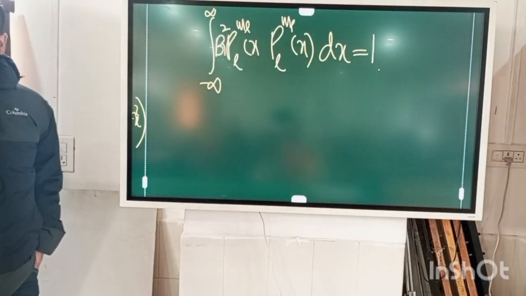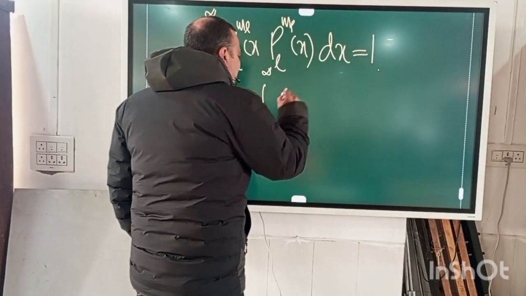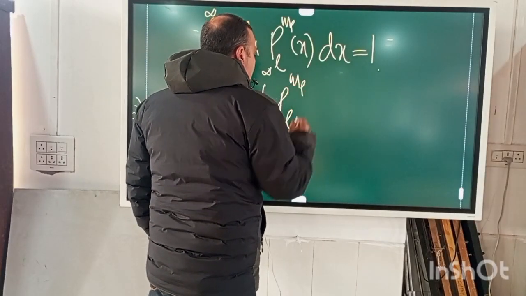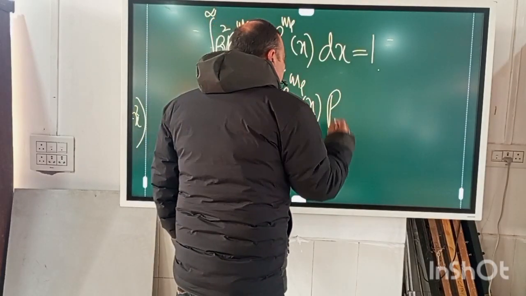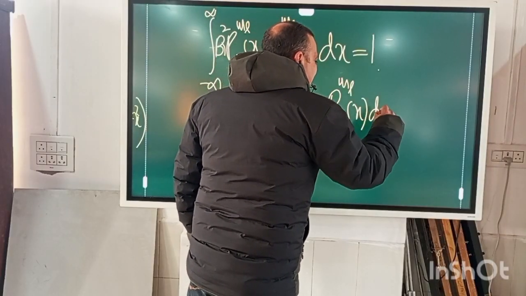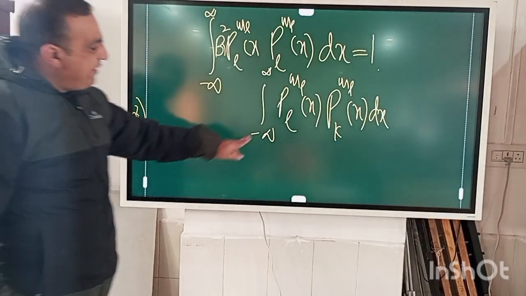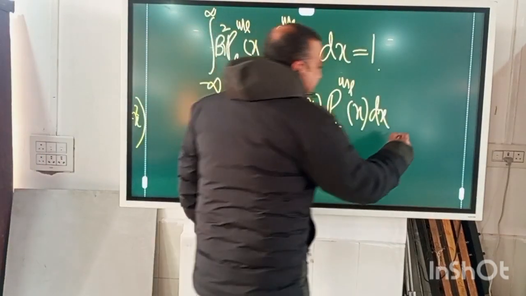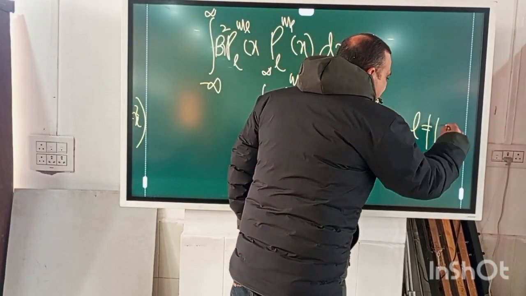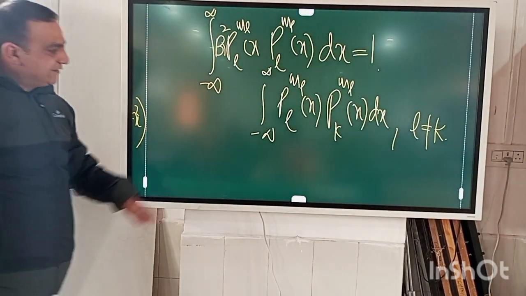Am I right? Now look for this integration. Integral minus infinity to infinity. If you have P_L^m_L of x and P_K^m_L of x dx, right? Now if this L is not equal to k, for L not equal to k, your value is 0.